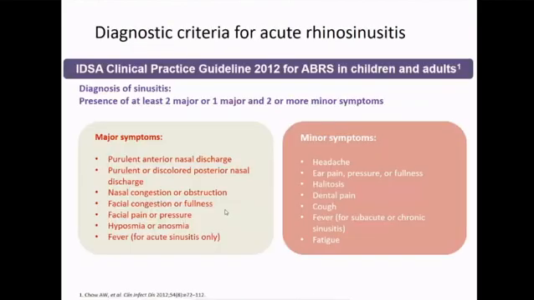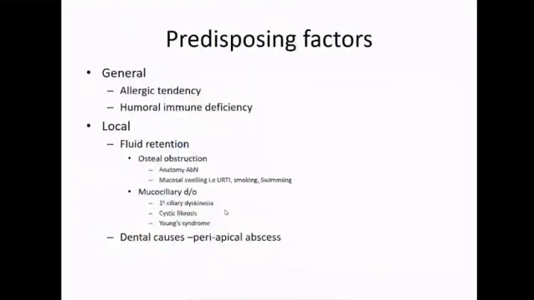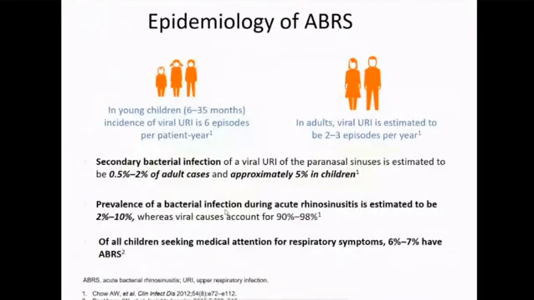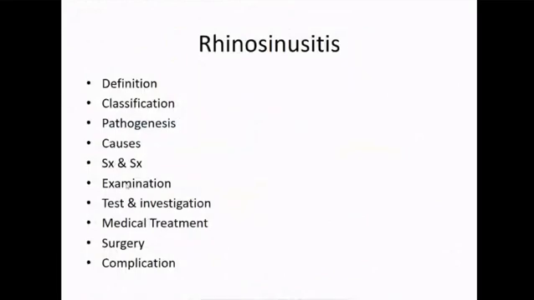So as I said just now, complications you have to read. Sorry, I go back. So the causes, signs, symptoms, and examination are normally as in allergic rhinitis; you have to do anterior rhinoscopy and posterior rhinoscopy.